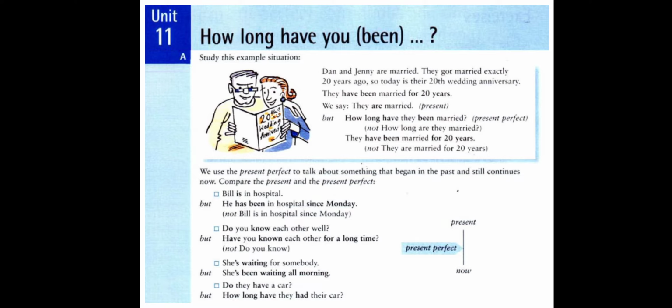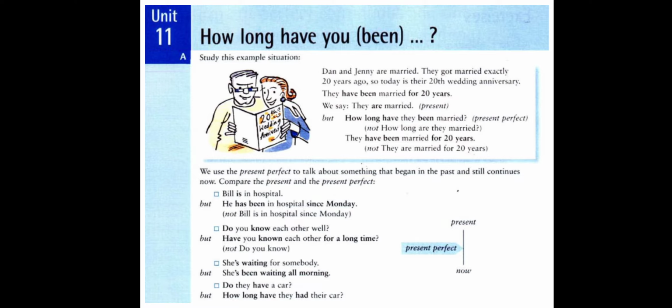The action is going on. We speak about now only. But when you say they have been married for 20 years, you speak about the action 20 years back until now, at this moment, or from 20 years back until now, until this moment.